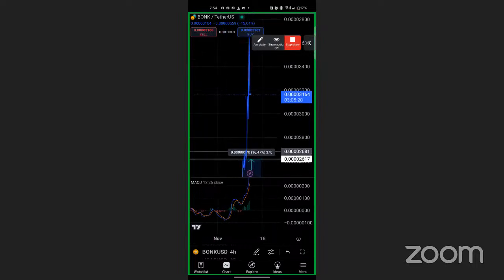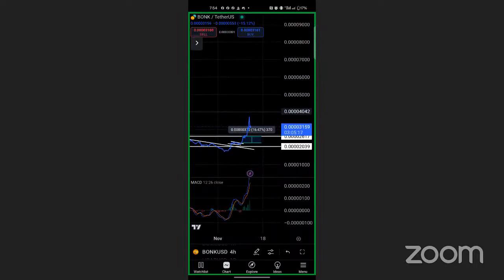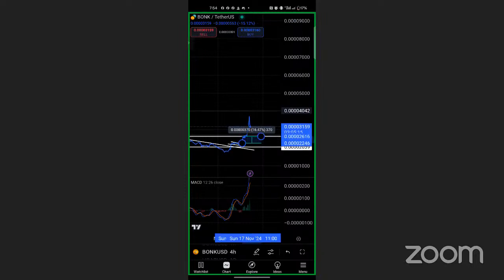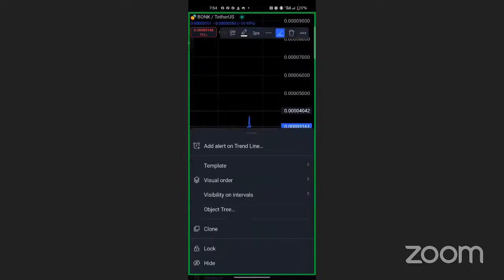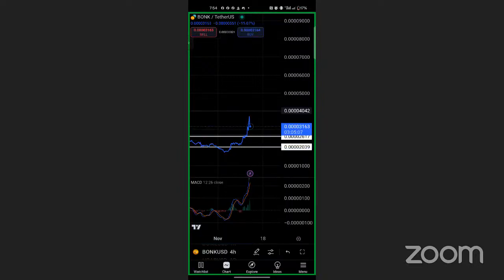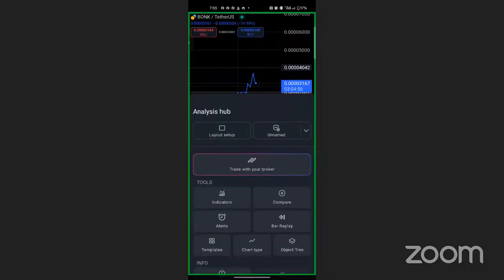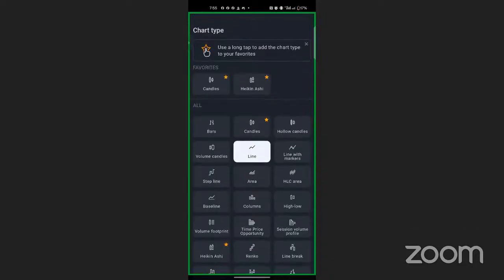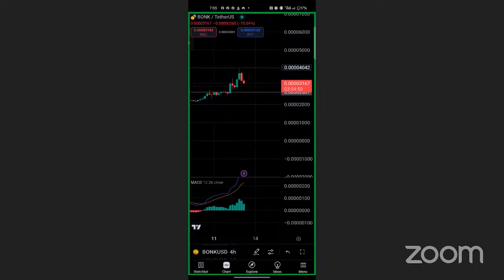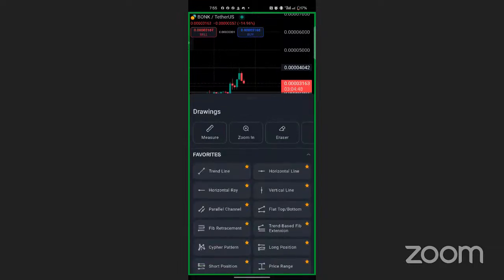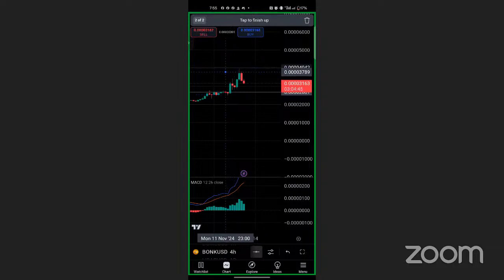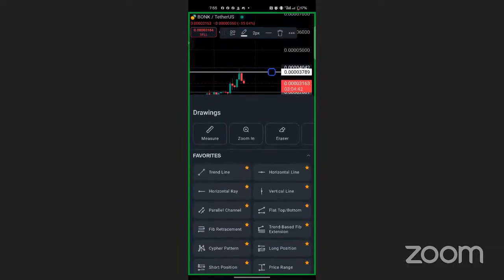Let me delete. When we draw our line, let me return candles. When we draw our horizontal line, let me say here like this, and then we bring our trend line.